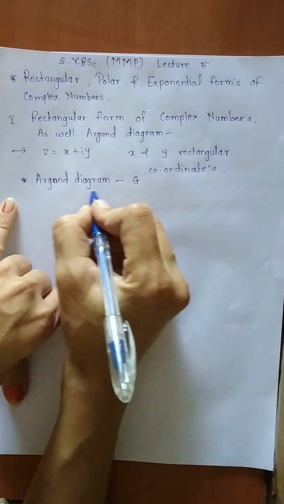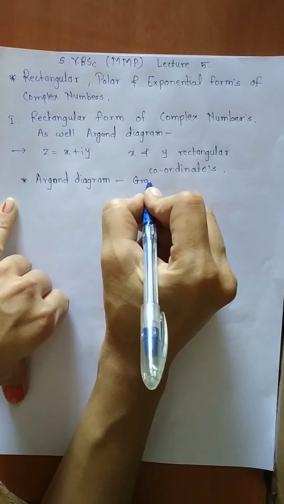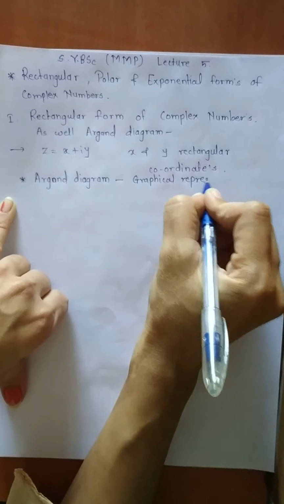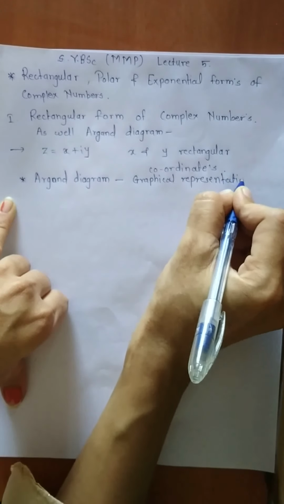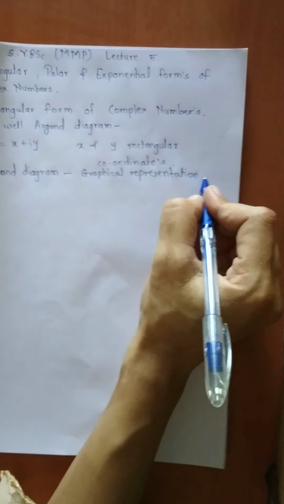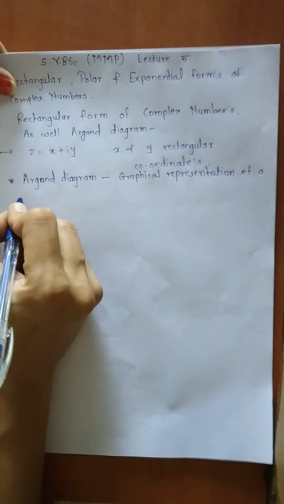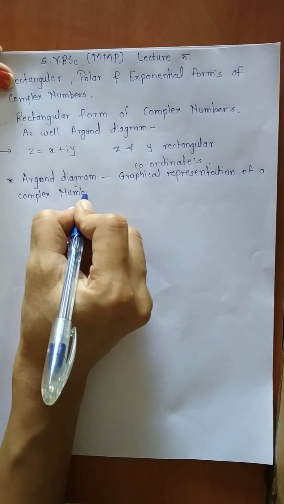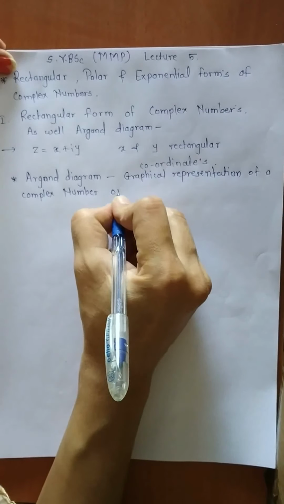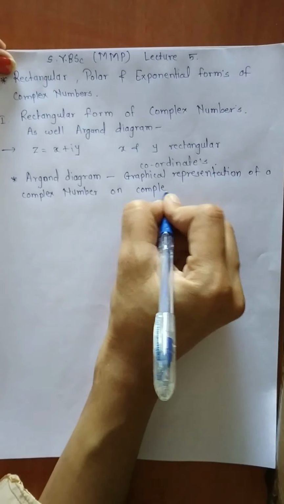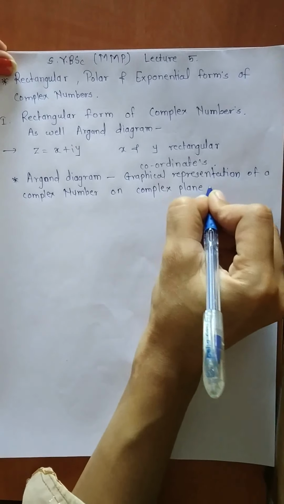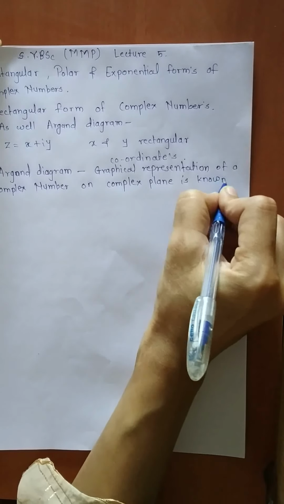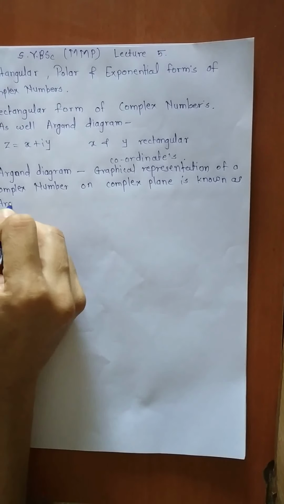So let me write the definition of Argand diagram: the graphical representation of a complex number on the complex plane is known as an Argand diagram.